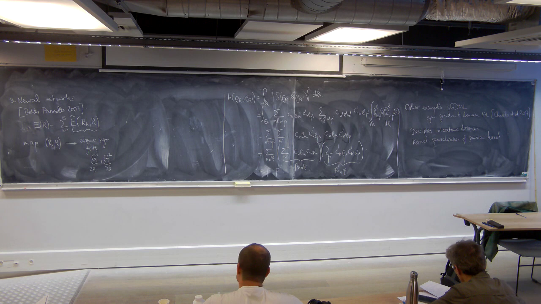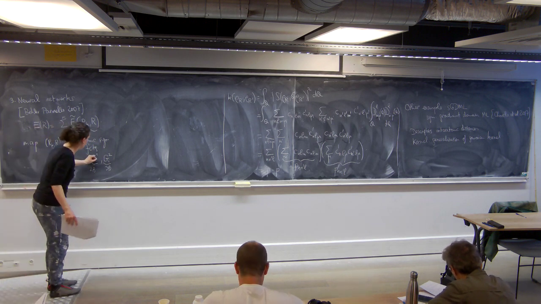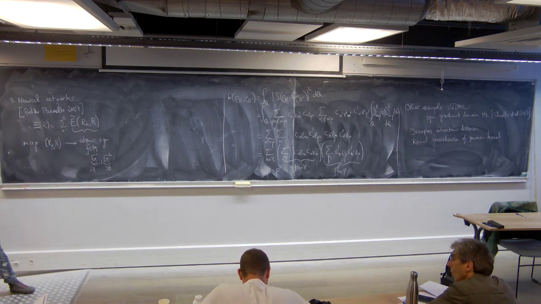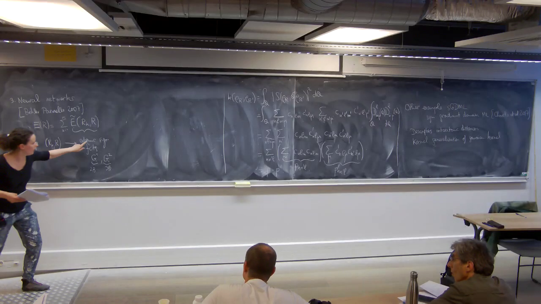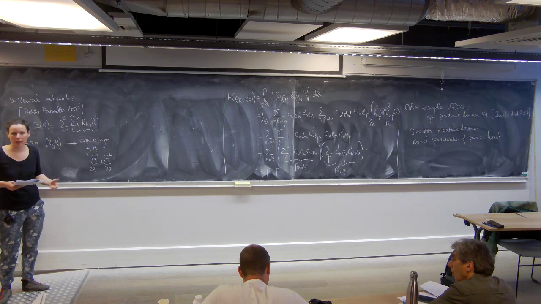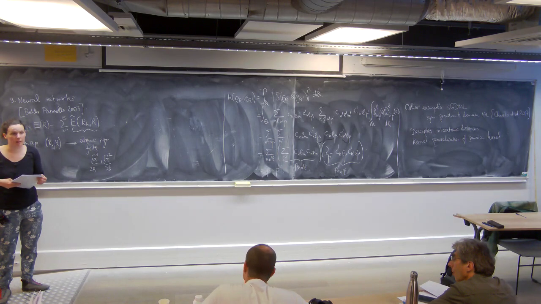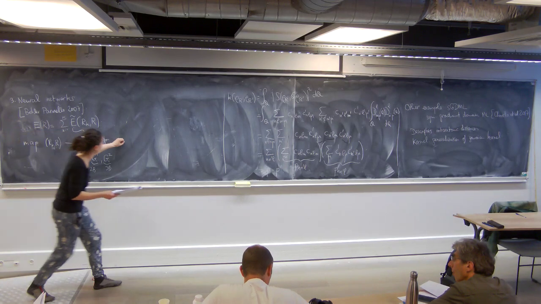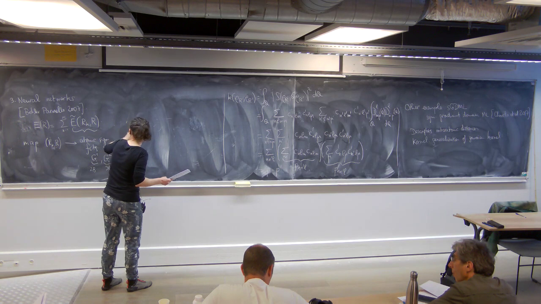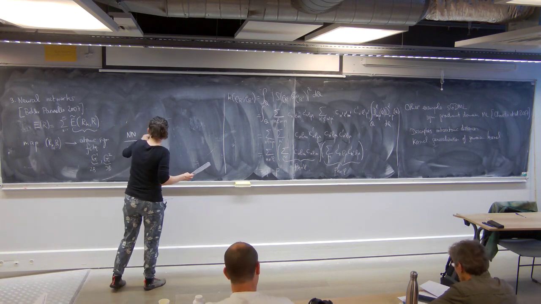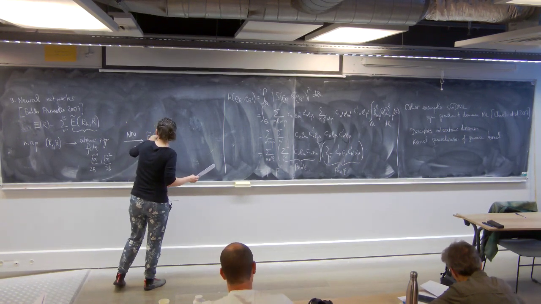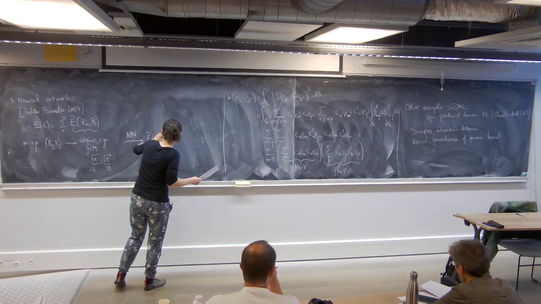And so the nice thing here is that the neural network will take these as input, and the size of the input is always the same, no matter what the system size is. So here they use a neural network to compute E tilde.